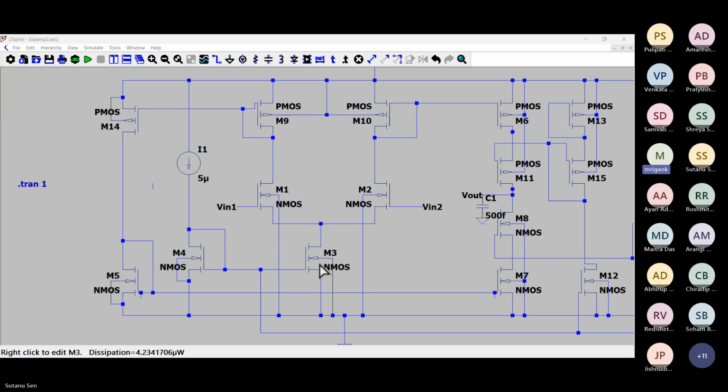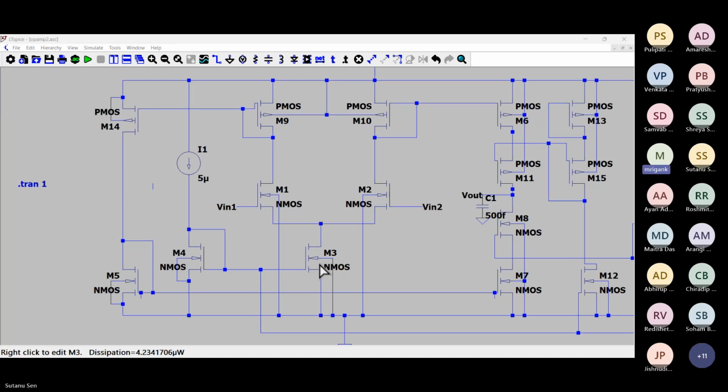M6 at the top is facing M11, M8, and M7. The impedance in the drain of M6 looking downward is almost like RO, and the impedance for M14 is 1 upon GM.